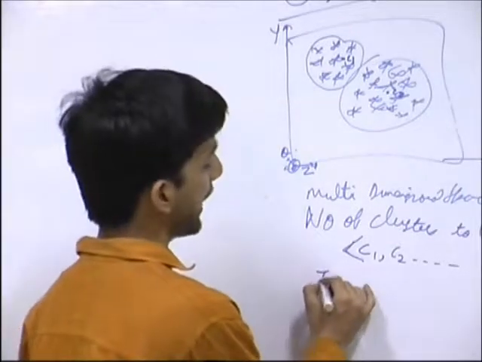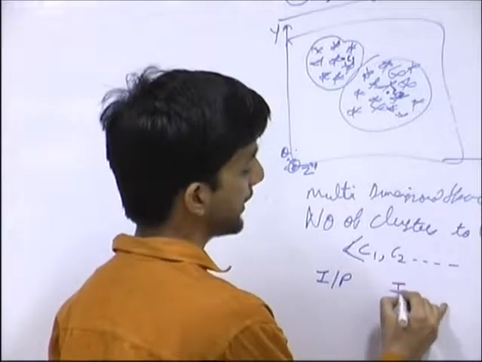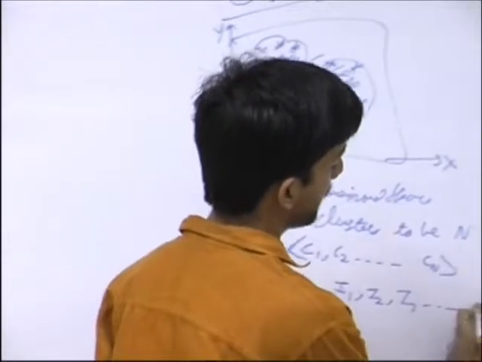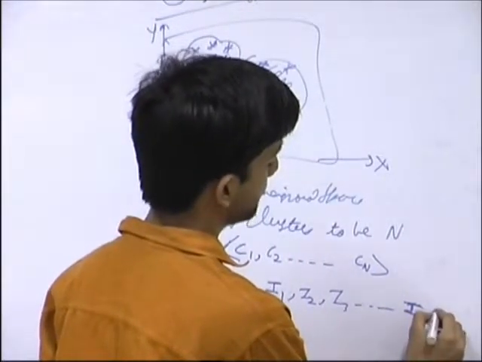What I am given as input is a large amount of data. Let's say I1, I2, I3, and let's say it goes up to I small n.